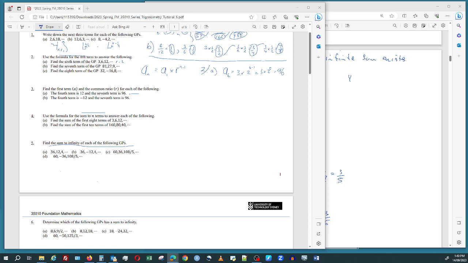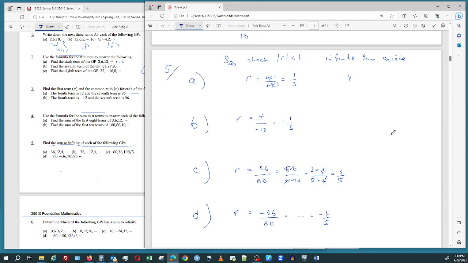When we check our sums and check our R values, we're looking to see if the R values are in fact okay with this rule here. So if they are, then we can apply the infinite sum routine.